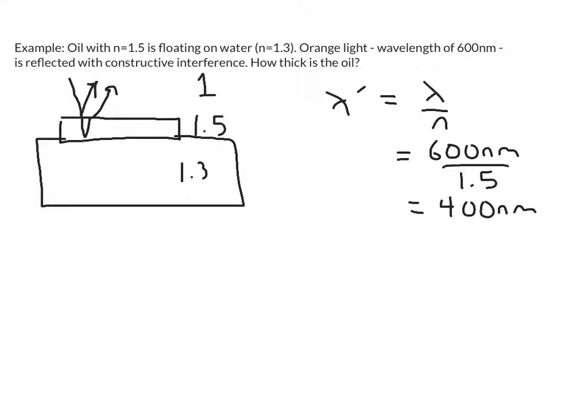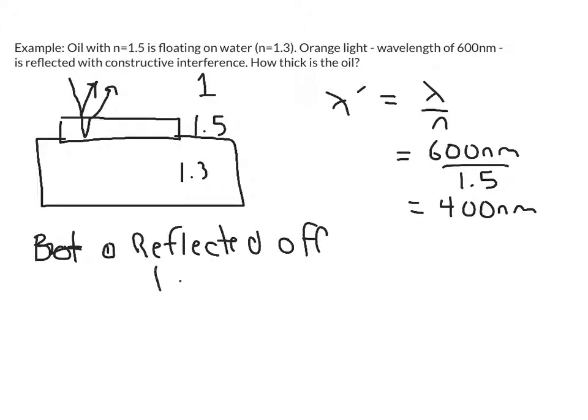So if we compare 1 and 2, they both reflected. Bundle number 1 reflected off a larger n. Bundle number 2 was in the coating and bounced off the water, so it was in 1.5, bounced off 1.3.